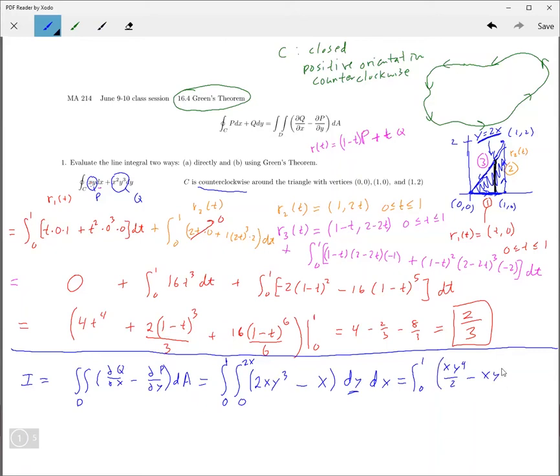That's integrating in y, and that goes from y equals 0 up to y equals 2x. I plug in 2x for y. That's going to be 16 over 2, which is 8, x to the fifth, since the y gets replaced with a 2x, so you have x to the fourth and an x, that's x to the fifth. And then this is going to be minus 2x squared.